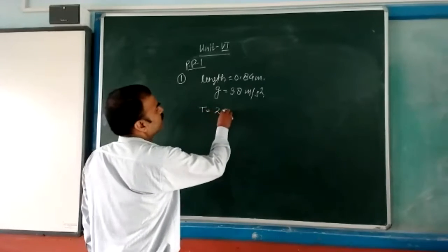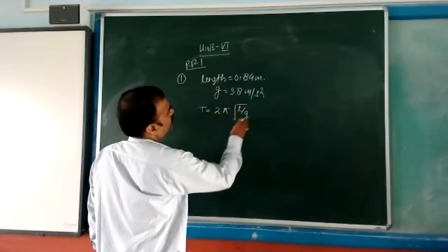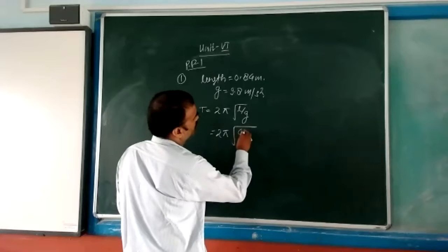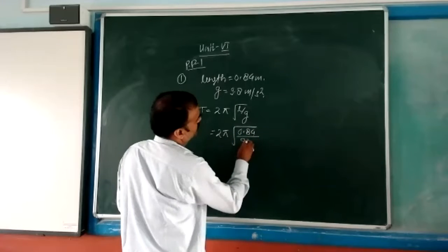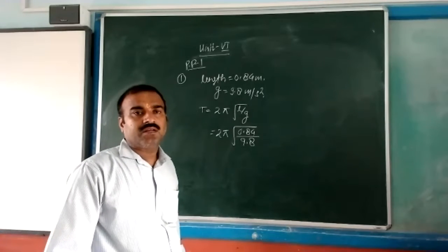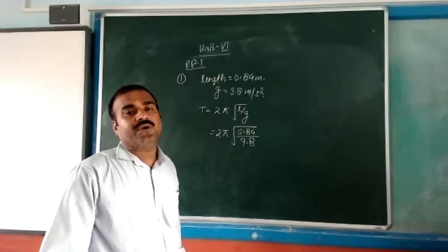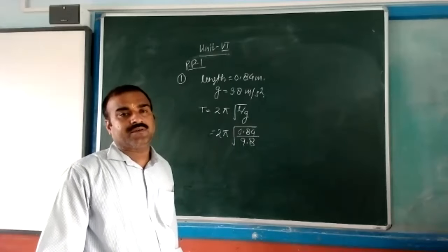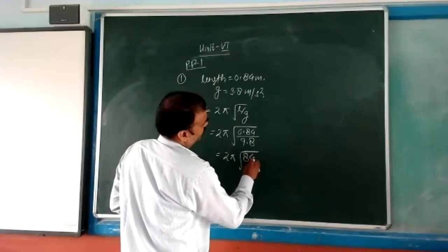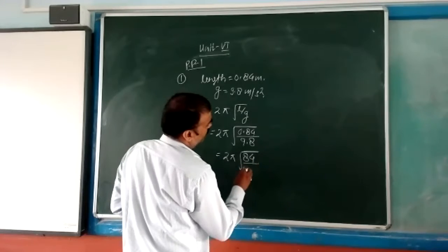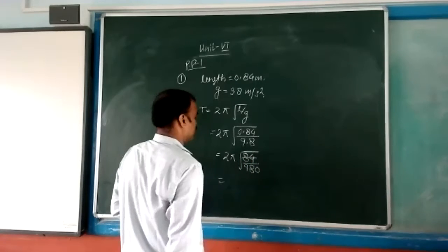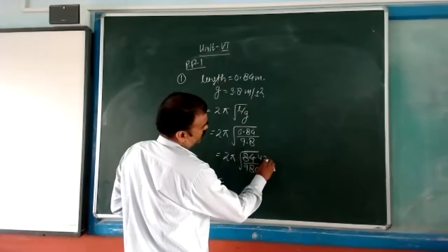T equal to 2 pi under root 0.84 upon 9.8. That is 2 pi under root 84 upon 980.